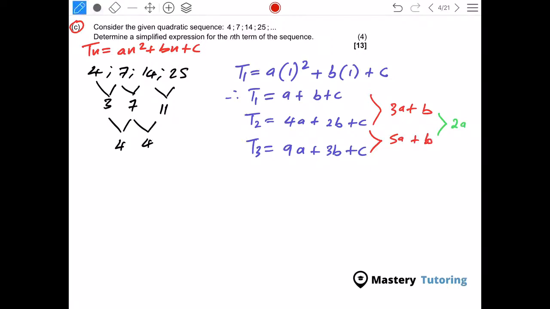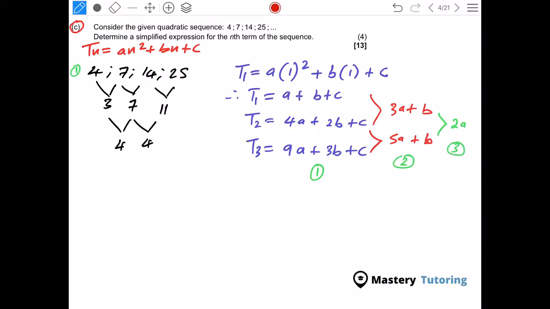So let us name these steps. I'm going to call this one step number 1, step number 2, and step number 3. Rather, let me name them in ascending order. So this is 1, this is 2, and this is 3.